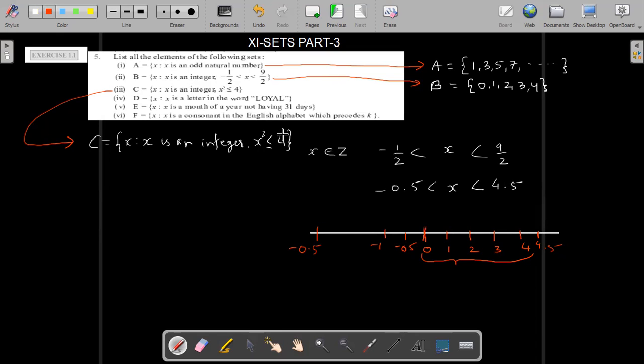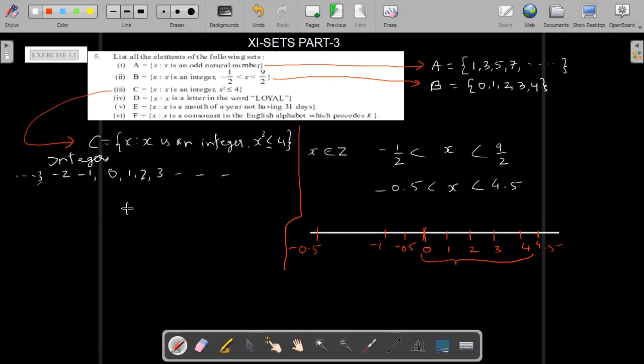Correct? You have the integers from 0, 1, 2, 3 up to infinity here, and here minus 1, minus 2, minus 3. These all are integers. Now we have to find those integers whose square is less than or equal to 4.